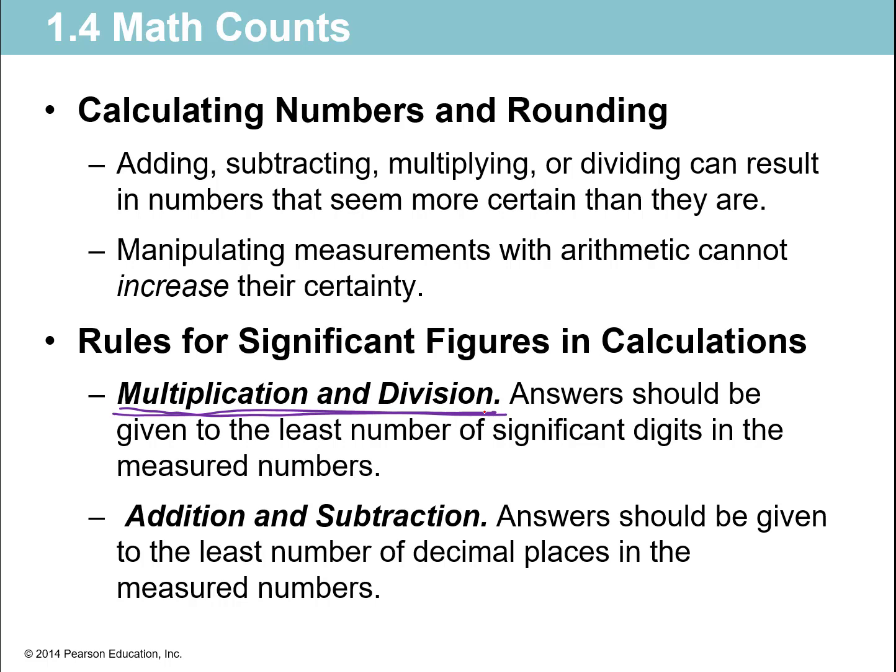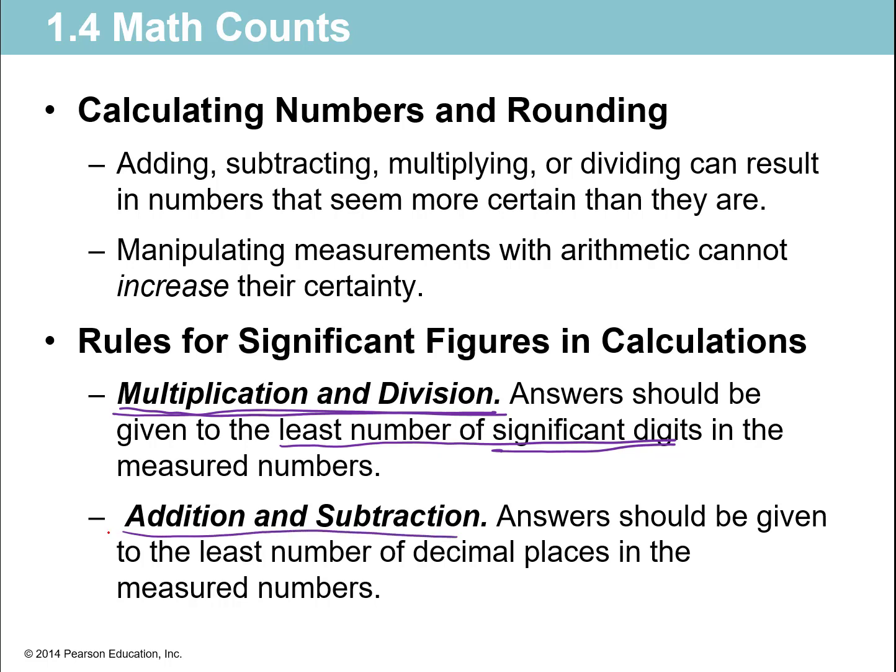This is the rule. Whenever you do multiplication and division, your final answer should be rounded to the least number of significant figures in the problem. So multiplication and division, you need to know how many significant figures are in the measured numbers. Addition and subtraction, they don't care. Addition and subtraction, you round to the smallest decimal place all the numbers have in common.